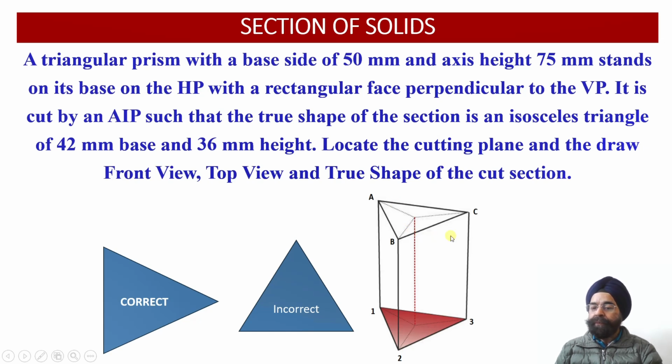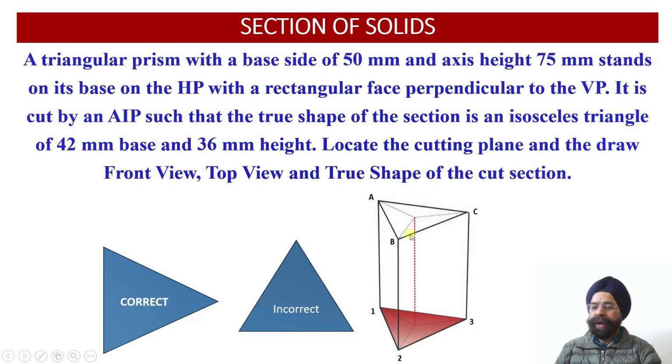Because if we obtain this third point on this vertical edge, then the distance of this third point of intersection from the first point and from the second point will be the same, because these 2 points have been located symmetrically about the axis of this particular triangular prism.